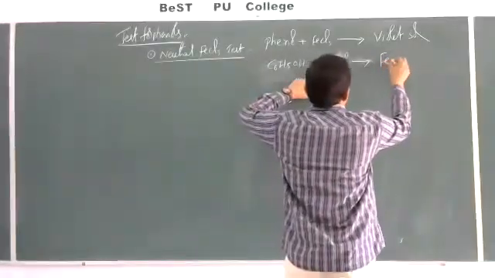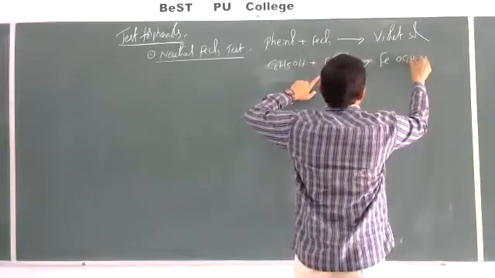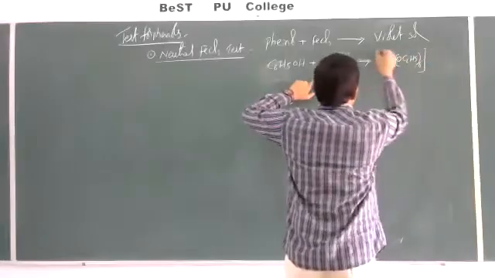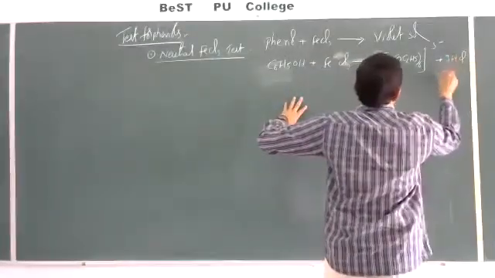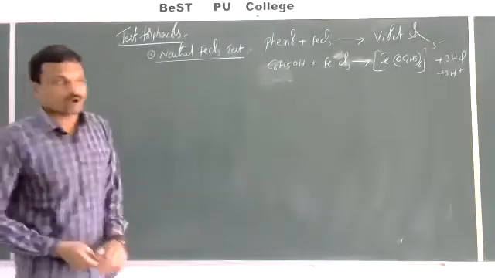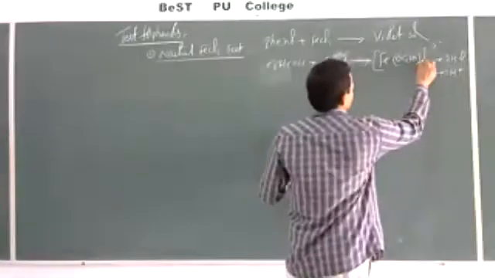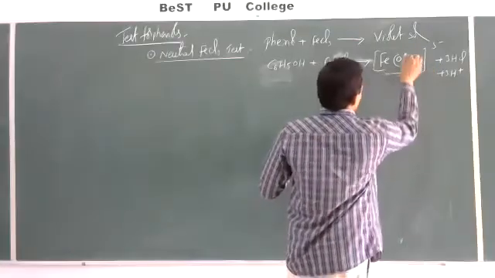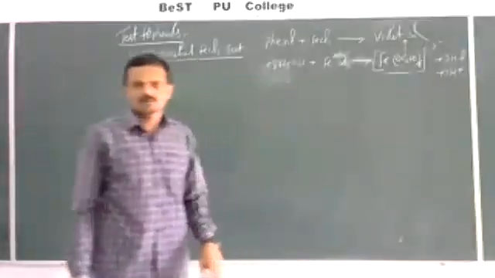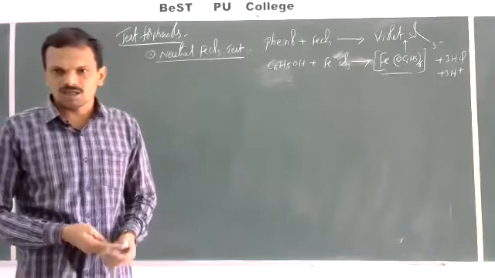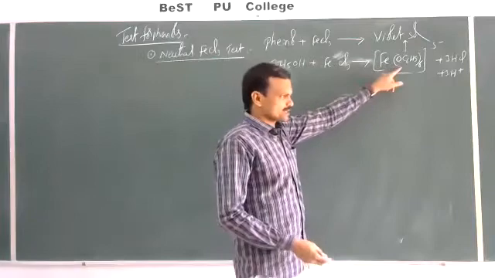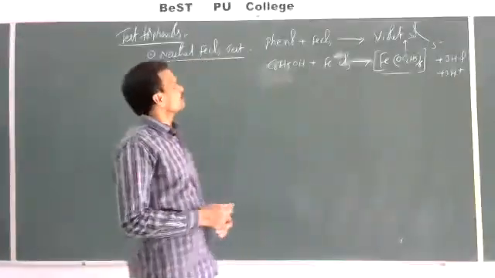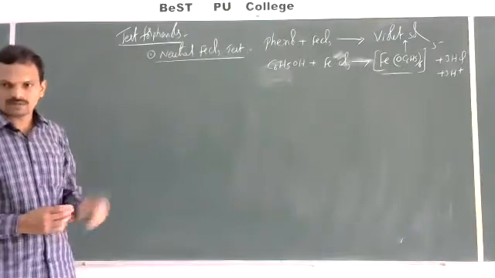Then you get Fe(OC6H5)6 3-, plus 3HCl plus 3H+. This is the compound that is formed, and this complex is violet in color. So when phenols are treated with neutral ferric chloride, they give a violet colored complex. That means the solution turns violet. This is the first test for phenols.